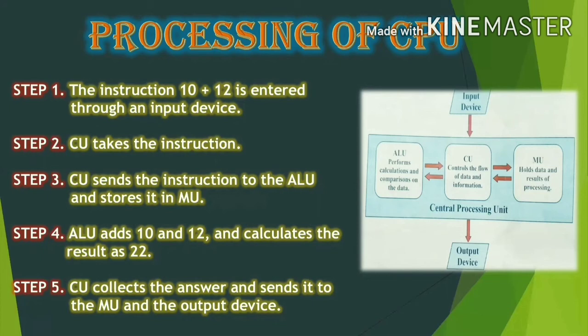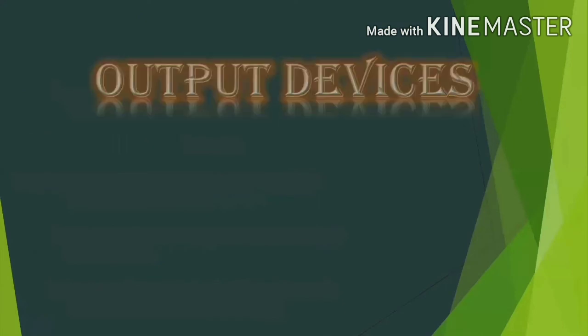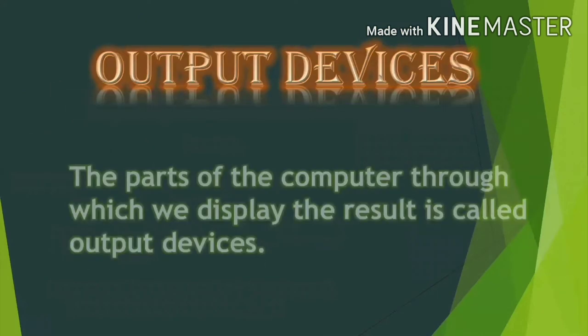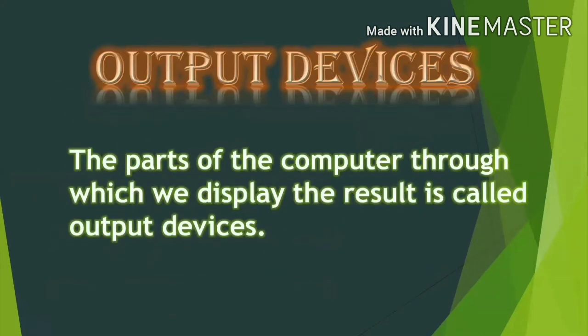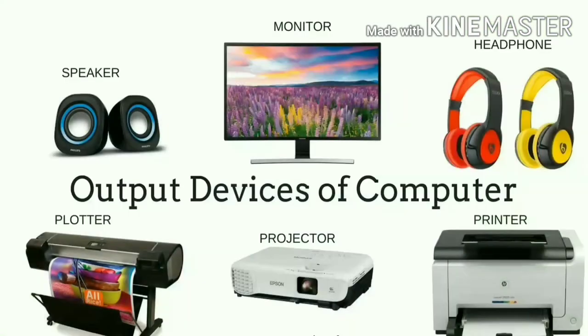So in order to display the result of processing, some devices are required. So the parts of the computer which are used to display the result are called as output devices. Now, let us see some of the output devices. So here are some of the output devices, children. Speaker, monitor, headphone, projector, printer.